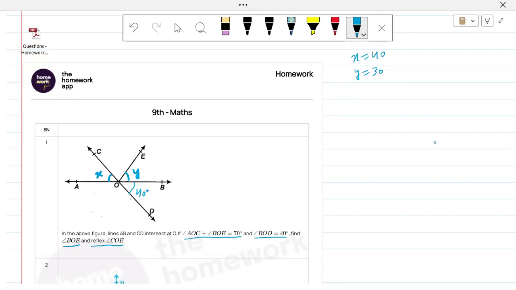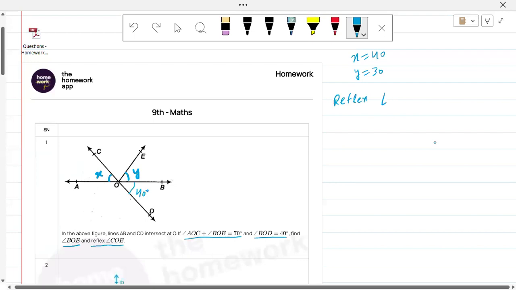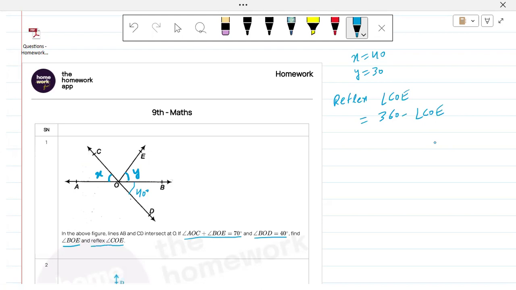If you want to find the value of the reflex of any angle, you need to subtract that angle from 360 degrees.